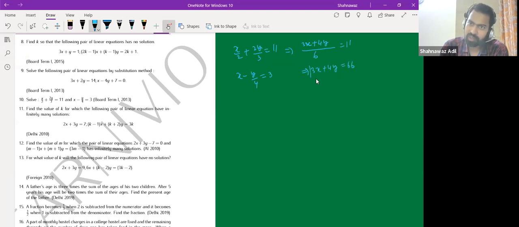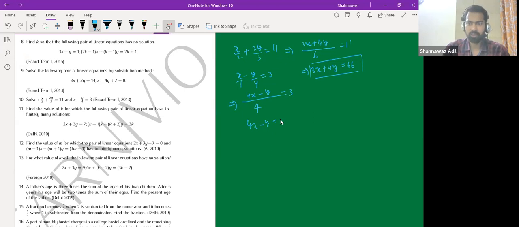This is one equation, and the other equation: the LCM is 4. So 4x minus y equals 12. Then we can calculate y, so y would be 4x minus 12.